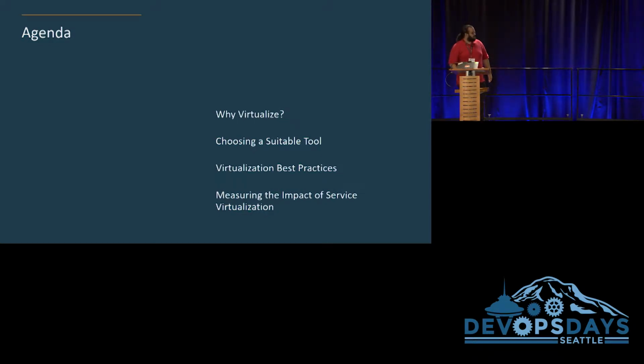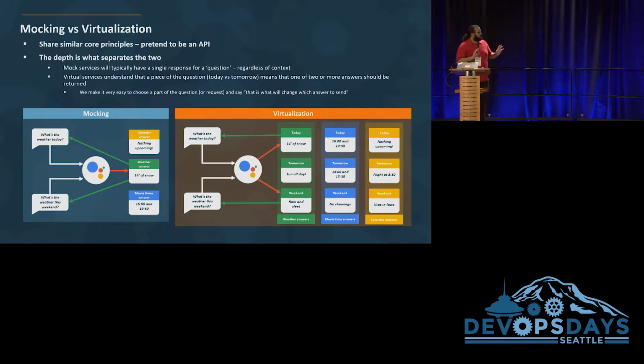In terms of virtualization, one thing we always like to differentiate is the difference between mocking and virtualization. What I'm focusing on in this talk is really virtualization. It's a bit more complex, in the sort of way we draw the line between mocking and virtualization. Mocking is a single call and response, nothing too complex.